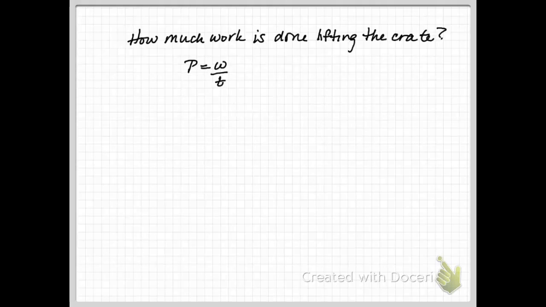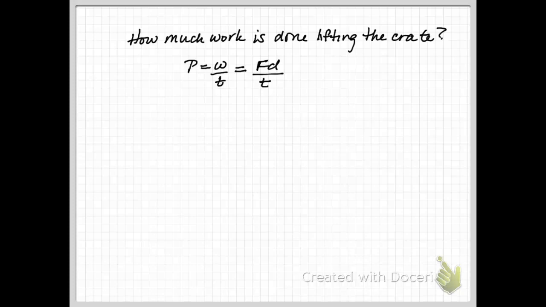And if we want to know how much work is done lifting the crate, we go back to power is work over time. And that work is equal to force times distance over time.